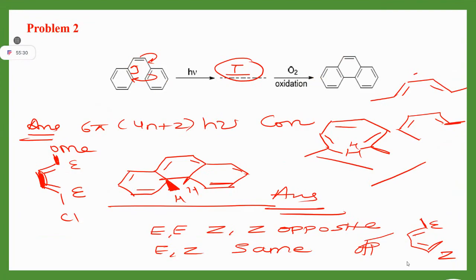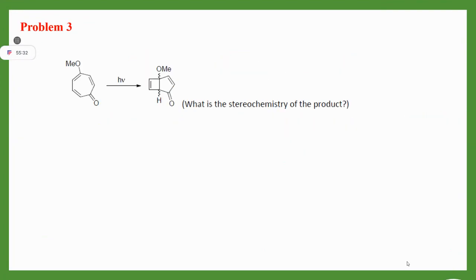So it's time to go to problem number 3. In problem number 3, students, you have to tell me which electrons are undergoing the electrocyclic reaction. That is the first question. Second, what is the stereochemistry of the product? Since now I have told you how to do it in electrocyclic reactions, only these three things are there.